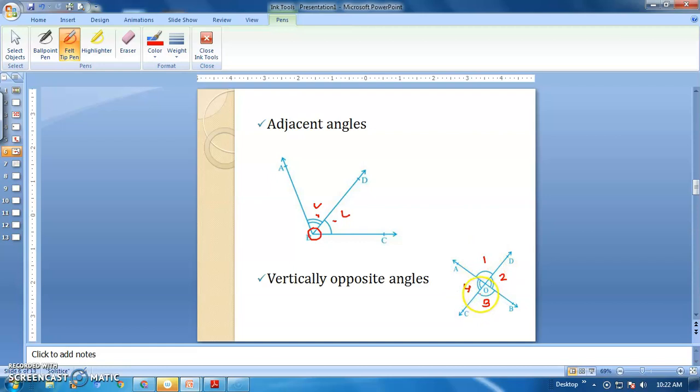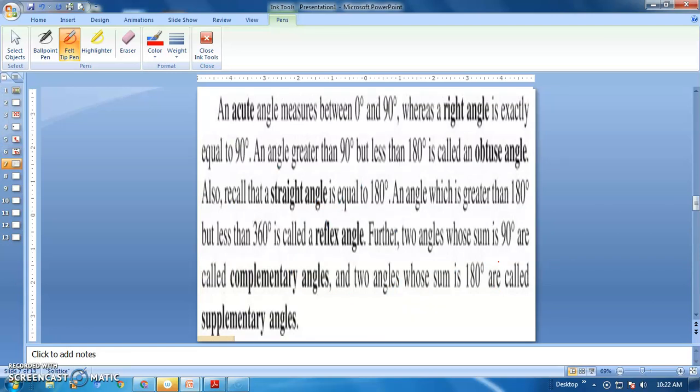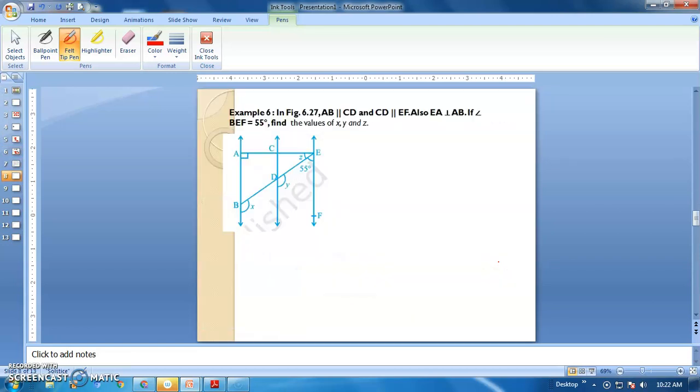Here 1 and 3 are vertically opposite, and similarly 4 and 2 are vertically opposite, and these angles are always equal. So 1 and 3 are equal and 4 and 2 are equal. Already we have seen the proof in the last classes. And this is another definition we have seen now.